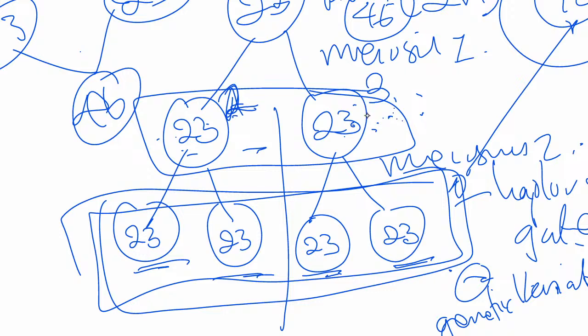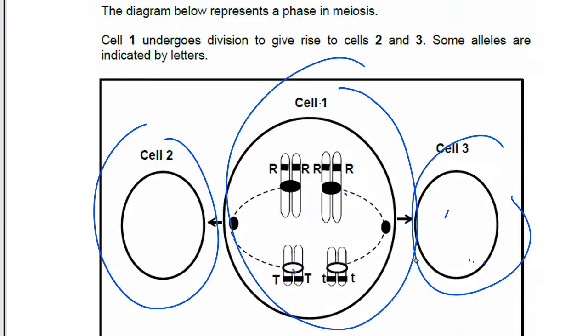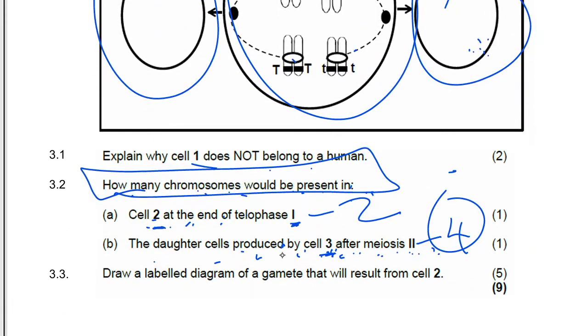This cell 3 will produce 2. So that's what they're asking: how many chromosomes will be produced by only cell 3, not the whole cell. So the answer is 2, not 4.